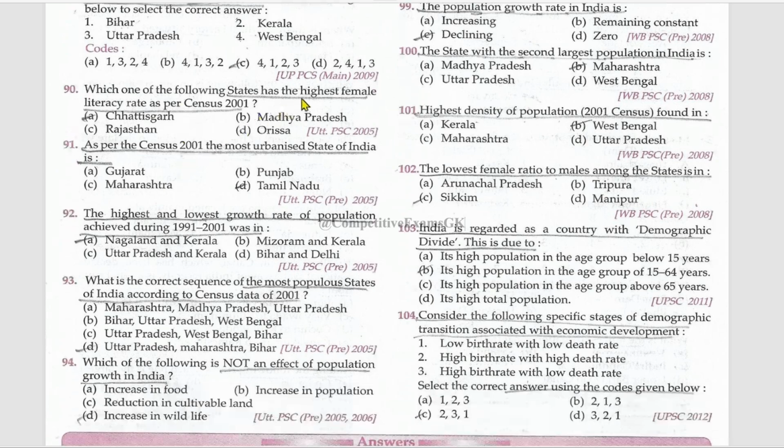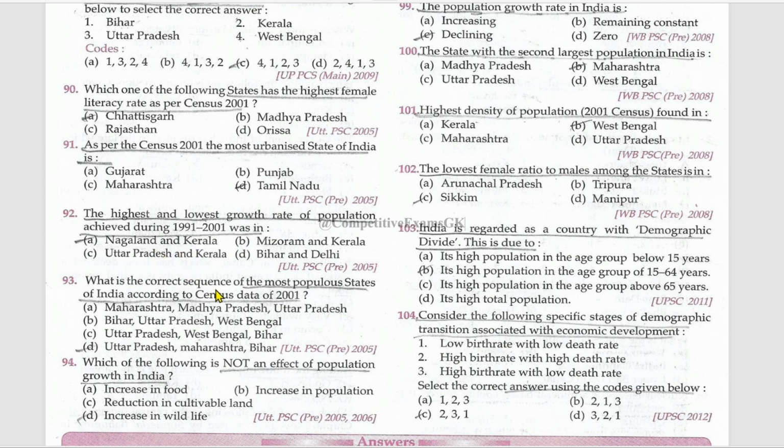Which one of the following states has the highest female literacy rate as per census 2001? Chhattisgarh. As per census 2001, the most urbanized state of India is Tamil Nadu. The highest and lowest growth rate of population achieved during 91 to 2001 was in Nagaland and Kerala.